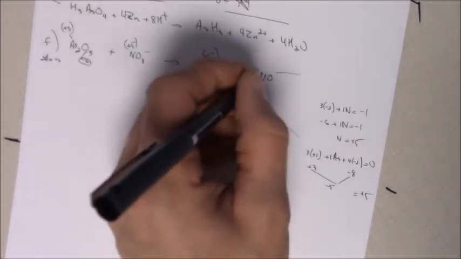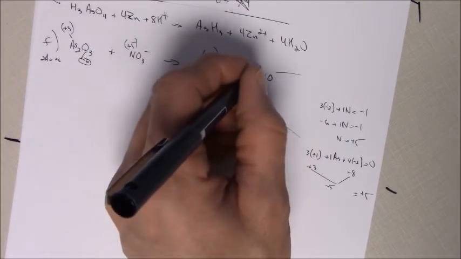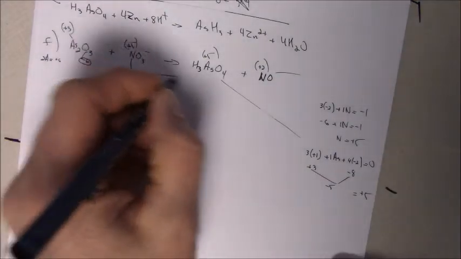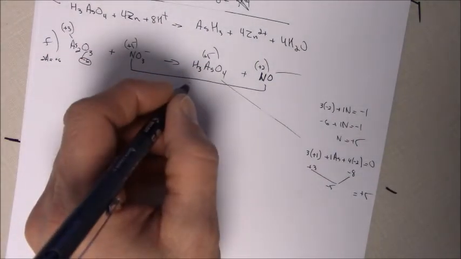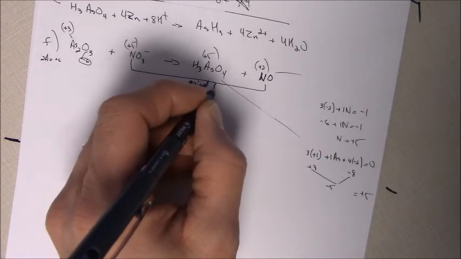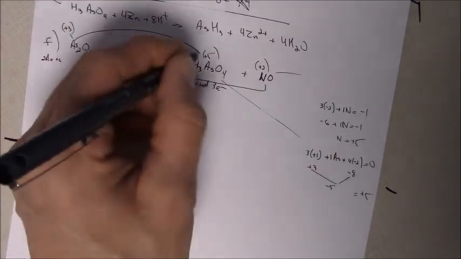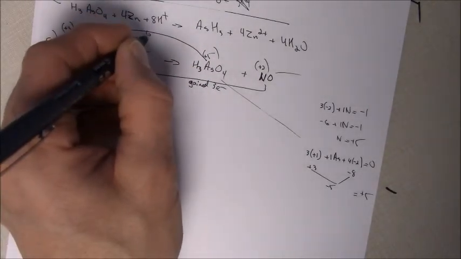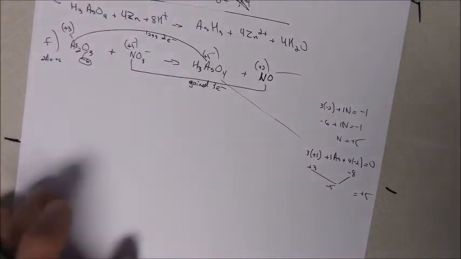This one, well, oxygen's -2, so this is going to be +2 for nitrogen. So nitrogen goes +5 to +2. It's gained 3 electrons. Arsenic +3 goes to +5, so this gets oxidized, it loses 2 electrons.